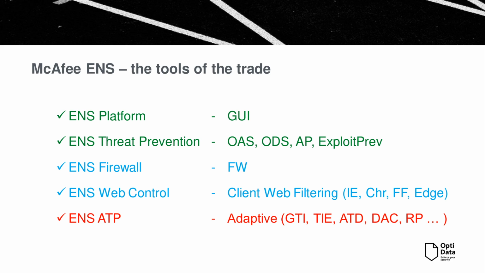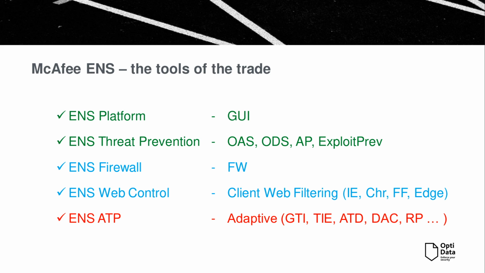Firewall and web control are optional modules. Firewall gives you the possibility to control network flow, and web control is client web filtering for common browsers. I mean Internet Explorer, Edge, Google Chrome, and Mozilla Firefox.